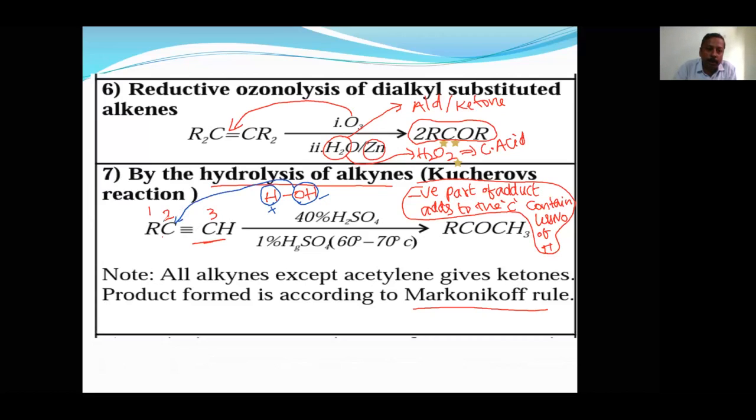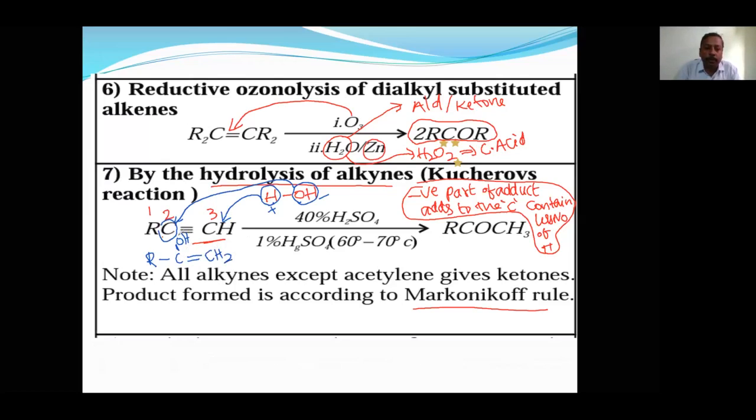See here, there are no hydrogens on this carbon, so OH will go this side and obviously hydrogen will go the other side. Organic chemistry is very easy to understand but difficult to apply. So you should immediately know the mechanism. On this carbon OH is coming. Now the triple bond will convert into a double bond, and one more H is added.